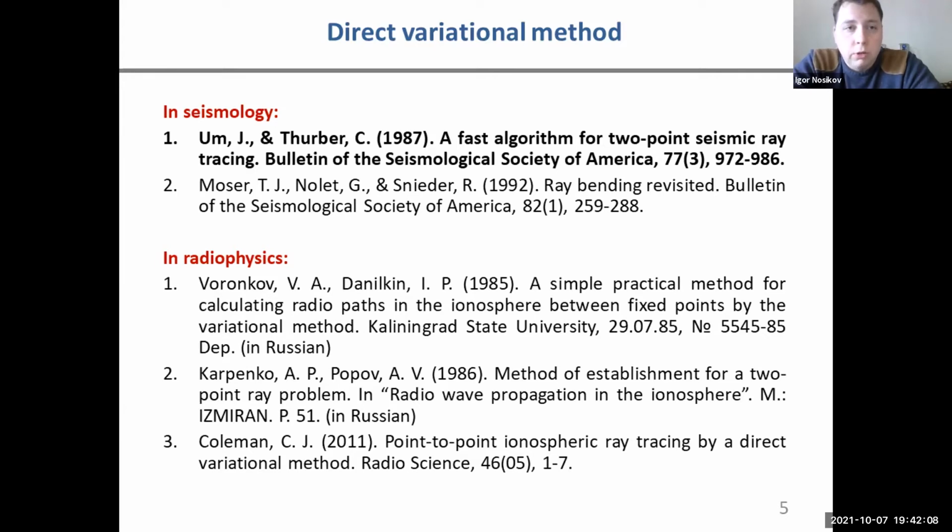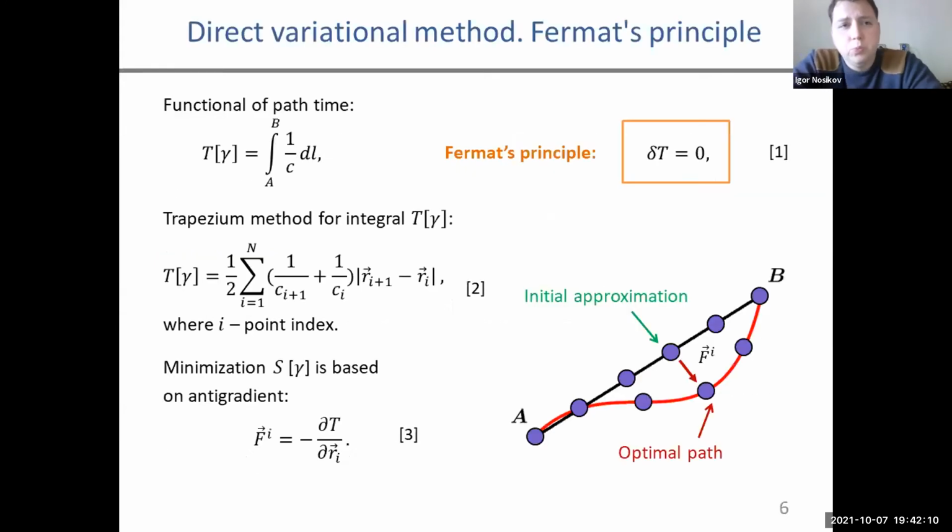Now, in the current work, we want to demonstrate how the direct variational method can be applied to the tsunami propagation problem. On this slide, you can see the statement of the problem.